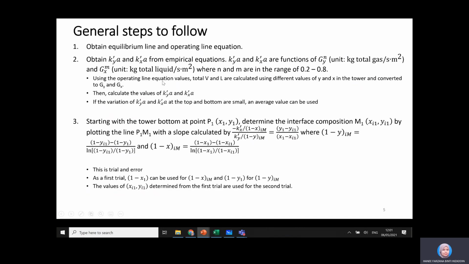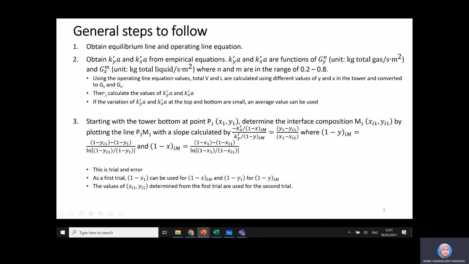Using the operating line equation values, we can calculate the total V and L. These V and L here are the actual vapor and liquid flow rates, not the inert ones. The inert ones have the prime, right? V prime and L prime, but these are the actual ones. Add different values of X and Y in the tower and convert to Gy and Gx.